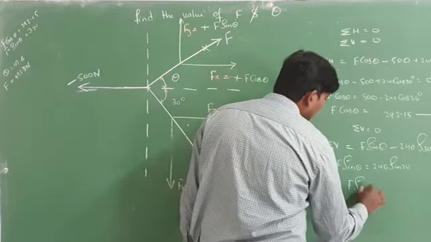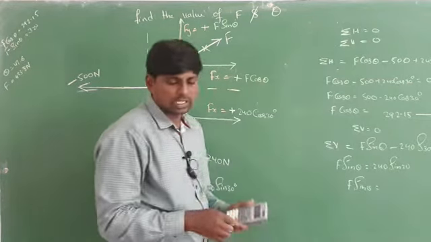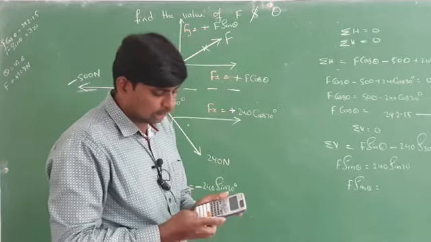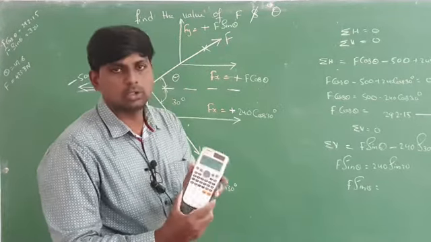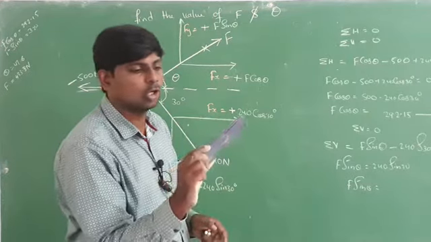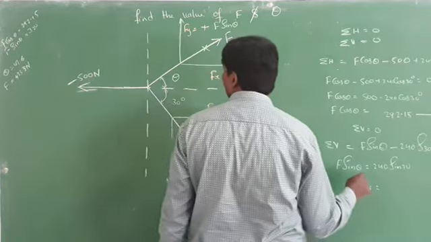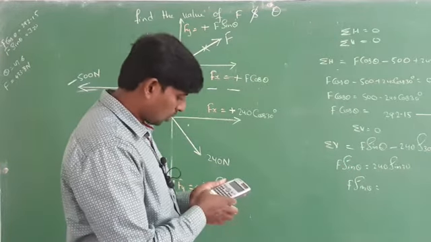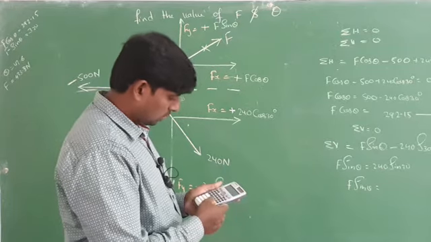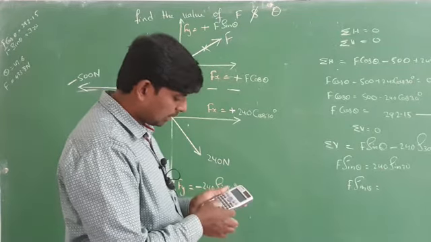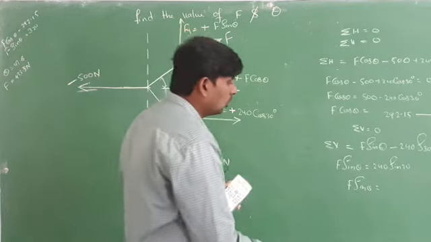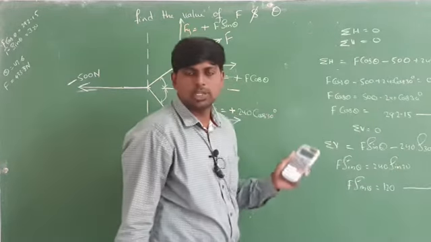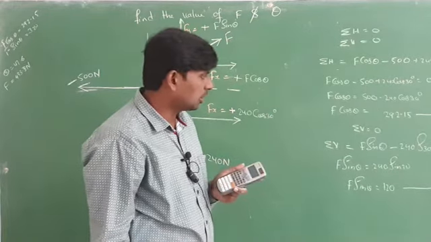With the help of the calculator, 240 into sin 30 gives how much? 120. The answer is 120. This one is your equation 2, and the previous one is your equation 1.